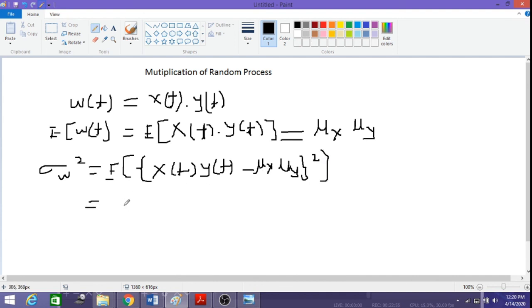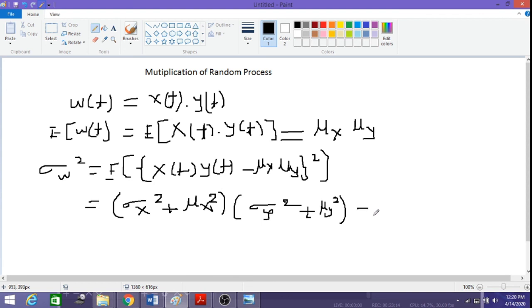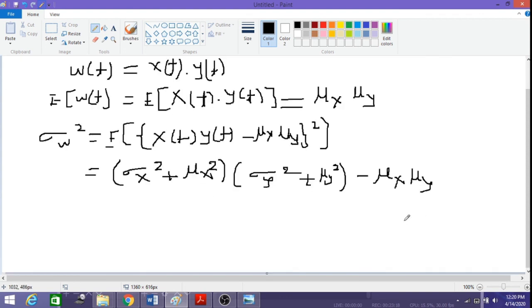That is given by the variance of x plus mu x square into the variance of y plus mu y square, minus mean of x mean of y.